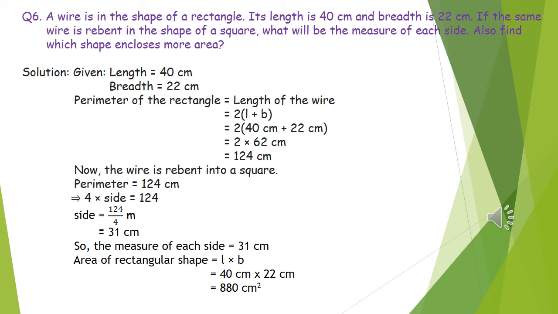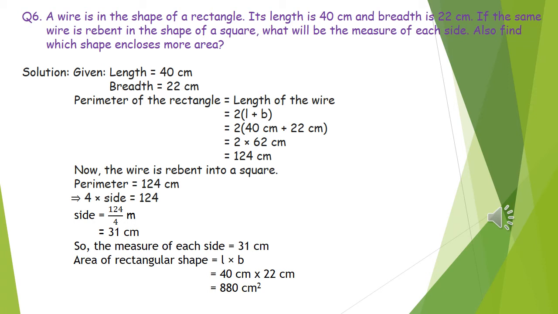Question number 6. A wire is in the shape of a rectangle. Its length is 40 centimeter and the breadth is 22 centimeter. If the same wire is rebent in the shape of a square, what will be the measure of its side? Also find which shape encloses more area.